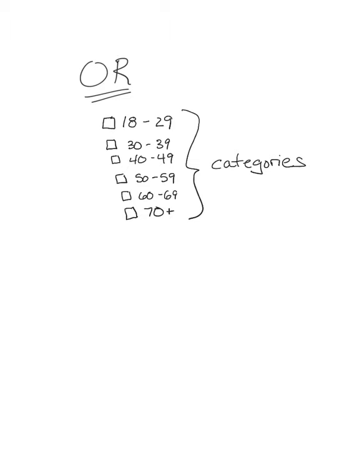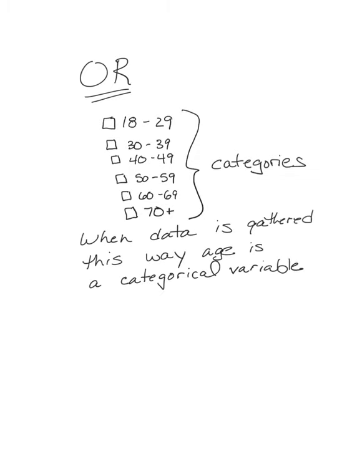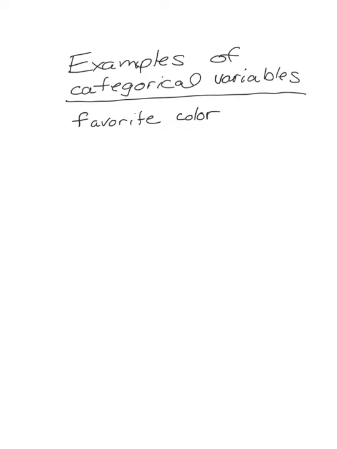So we can't do anything that we would normally be able to do with a numeric variable, like find the mean, etc. And when the data is gathered this way, age is a categorical variable. So to tell what kind of variable age is, you have to look at the actual context in the data itself that was gathered. So possibly favorite color or lifesaver flavor.